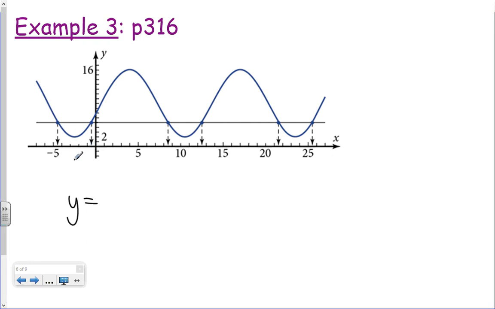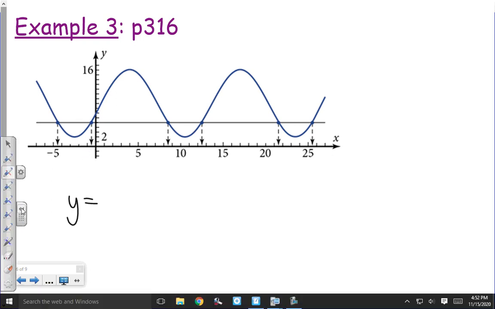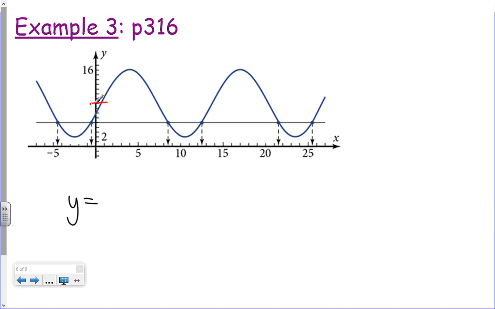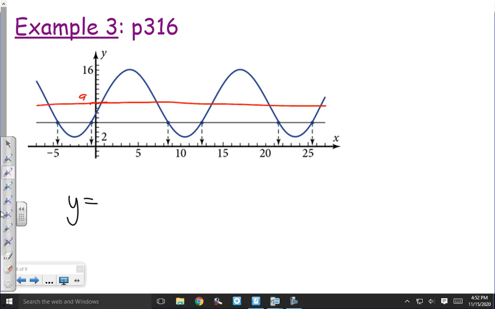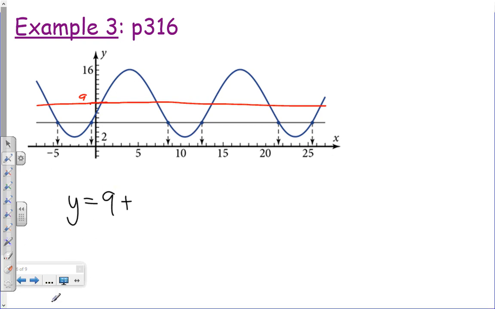16 and 2 is 18. Half of that is 9. I should just mark that on our sketch here. So that's 2, 3, 4, 5, 6, 7, 8, 9 is somewhere right here. Looks like that is our sinusoidal axis. That's at 9. All right. So we have 9 plus, and then from 16 down to 2, that's 14.